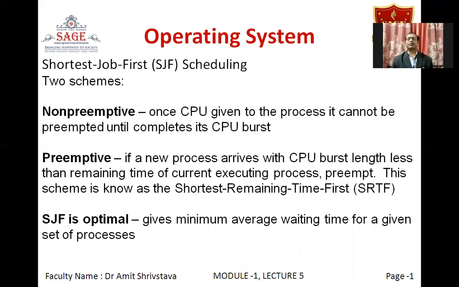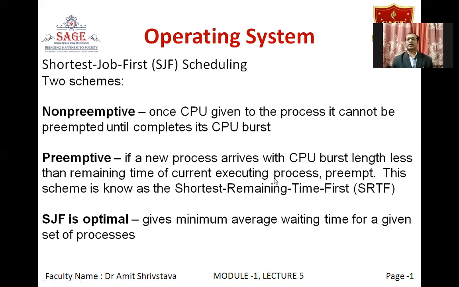Or in other words, we will take the CPU from the current running process and allot that CPU to the new process because its CPU burst is less. So this scheme is known as the shortest remaining time first, also known as shortest remaining time next, SRTN, also known as preemptive SJF.